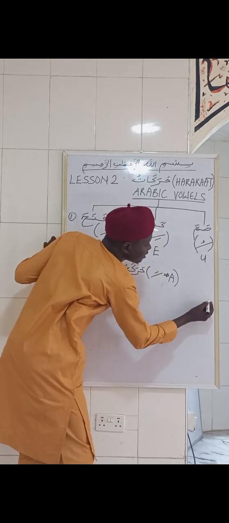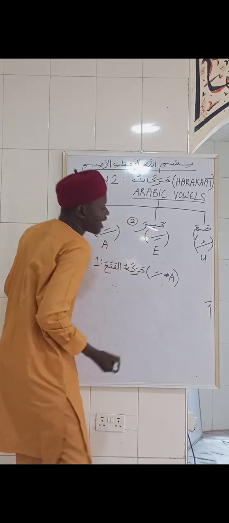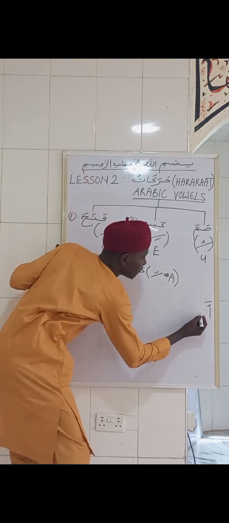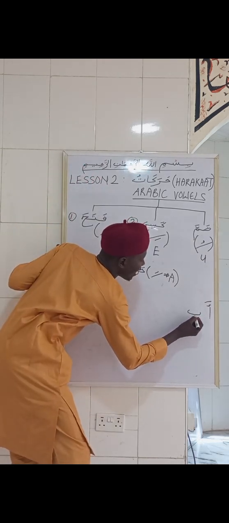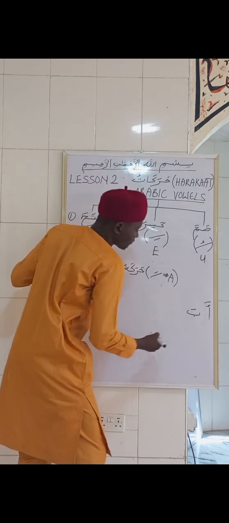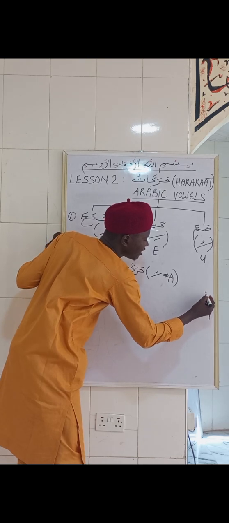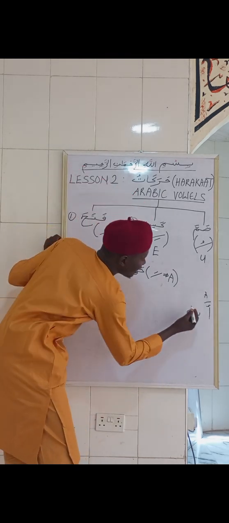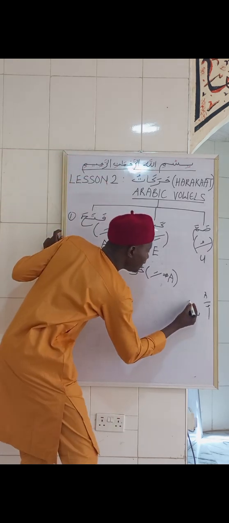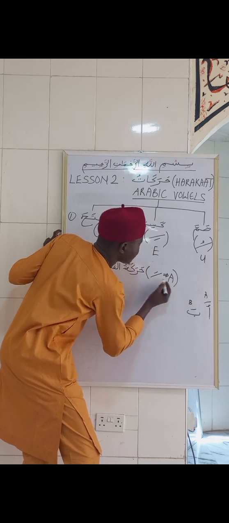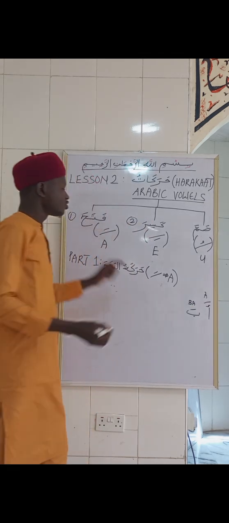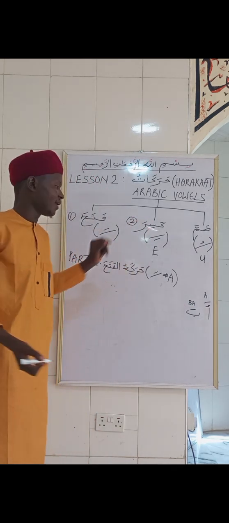If you attach the vowel fataha, alif fataha is a. Now ba fataha is ba. Ba is like B, so if you attach the vowel fataha, meaning you attach A, it becomes ba.